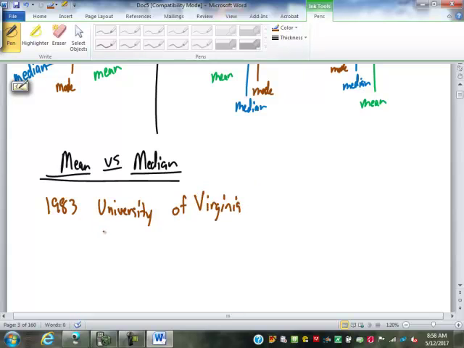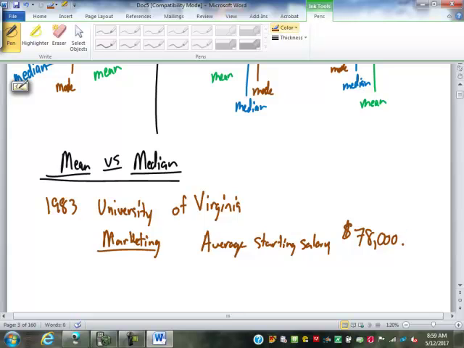They advertised that people graduating with a bachelor's degree in marketing that year had an average starting salary of just over $78,000 that year.